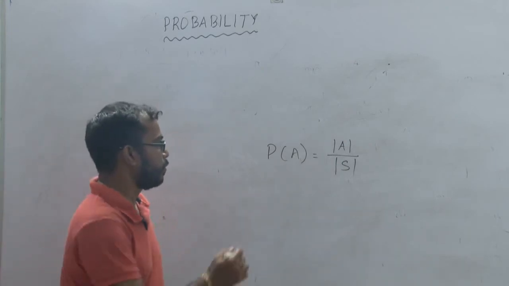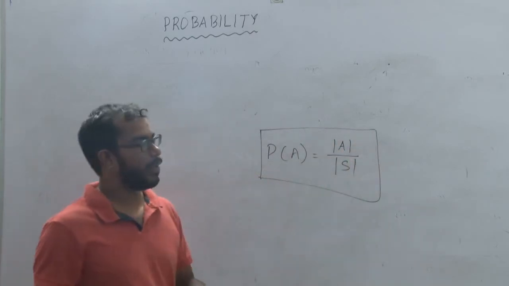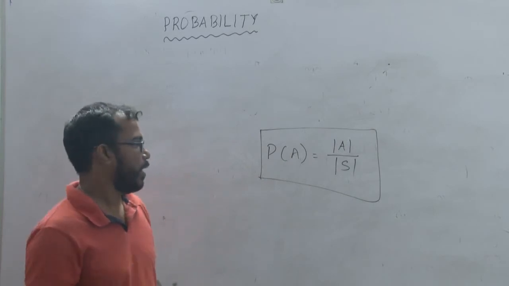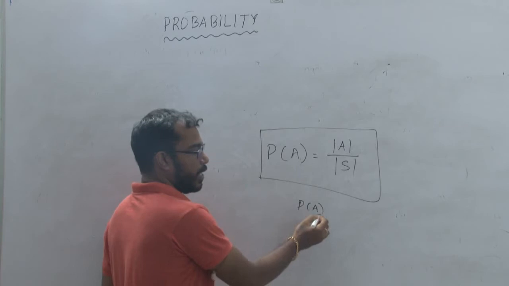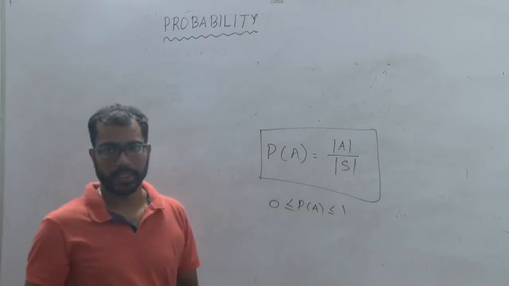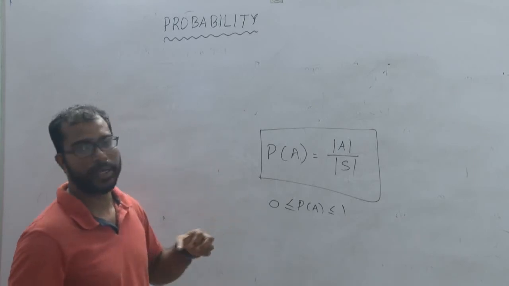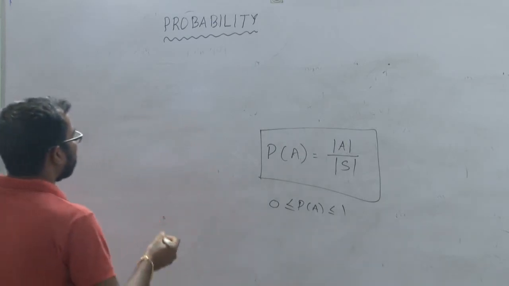So as you know, in first year, probability of A is equal to n(A) by n(S). And you also know that probability of A lies between 0 and 1.